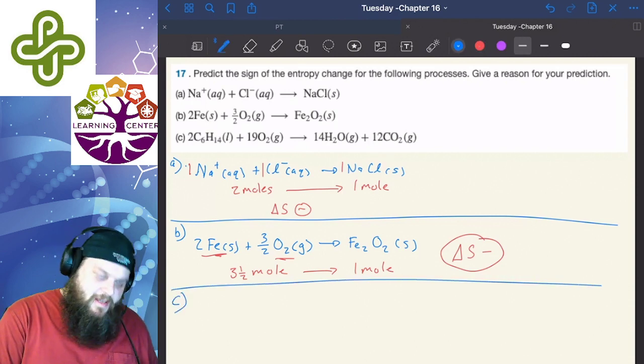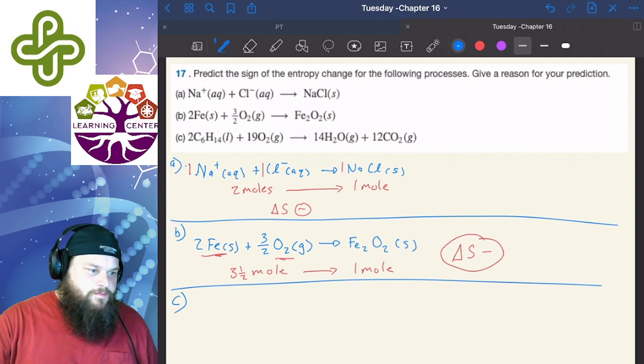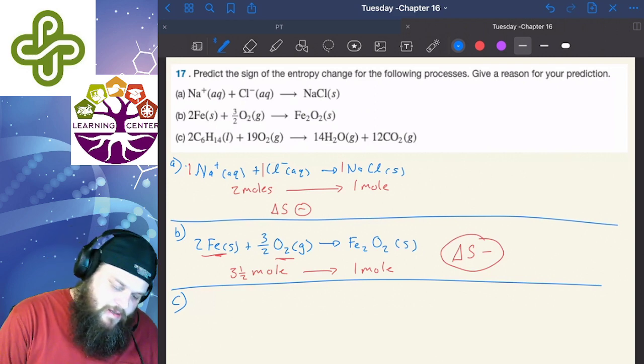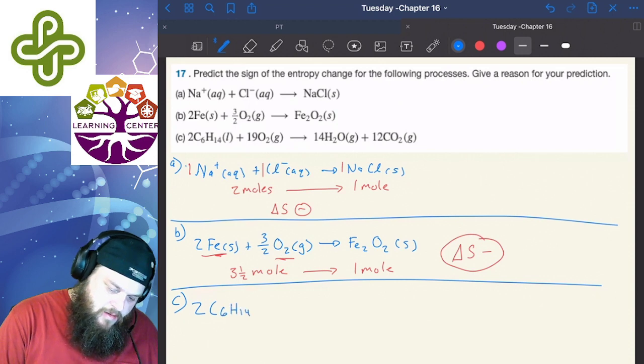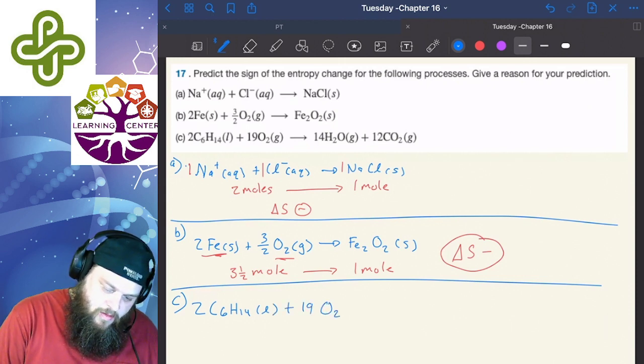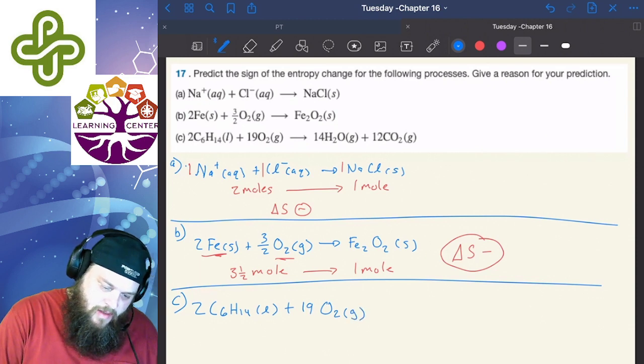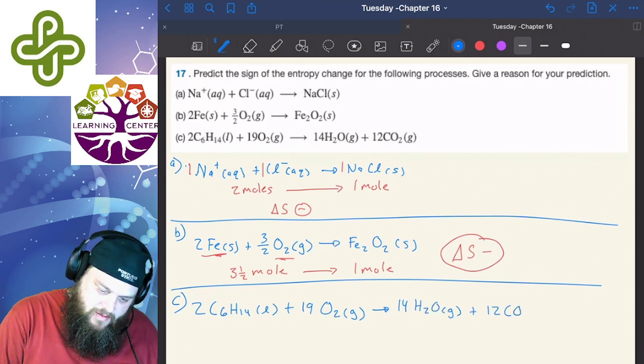Looking at part C. This one is 2 C6H14. That'll be hexane, I believe. It's liquid hexane plus 19 O2 gas, and that's going to produce 14 H2O gas plus 12 CO2 gas.